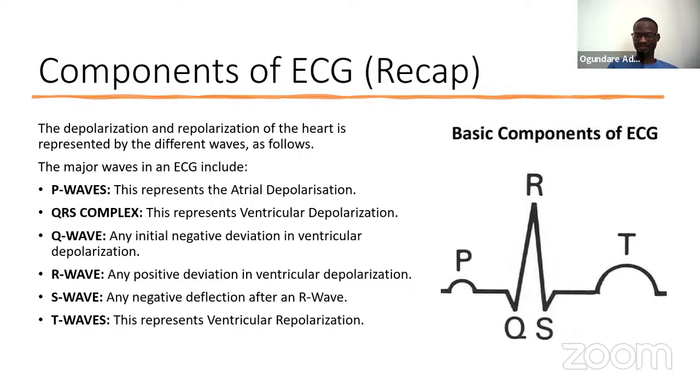There is a U wave somewhere after the end of the T wave. If this is the P, Q, R, S, then T, then U will be another positive deflection after the T. It is assumed to represent the repolarization of the interventricular septum and the papillary muscles.